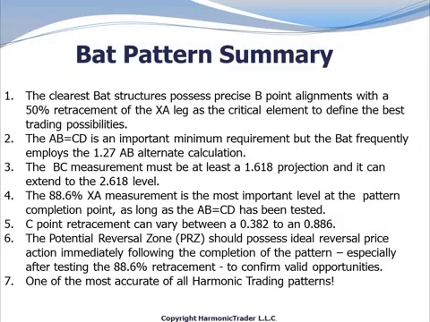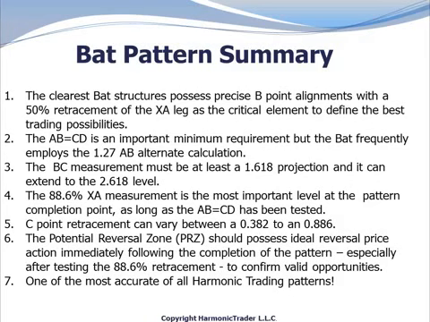The .886 XA measurement is the most important level at the pattern completion point, as long as the minimum equivalent AB equals CD has been tested. The C-point retracement can vary between a .382 and an .886. The potential reversal zone should possess ideal reversal price action immediately following the completion of the pattern.